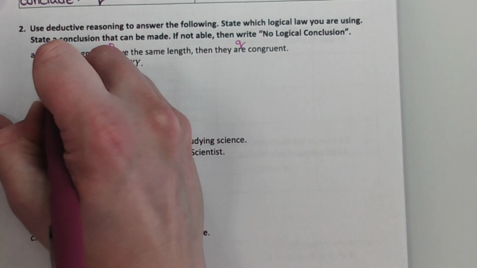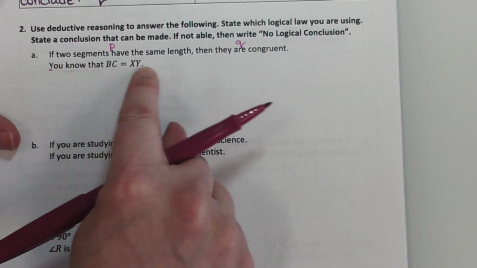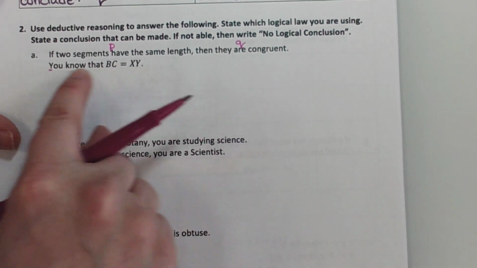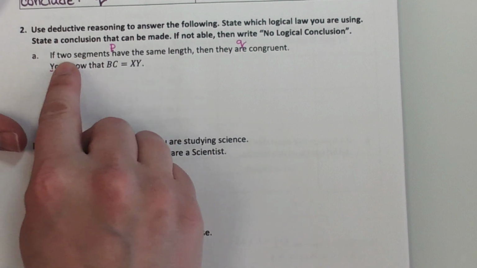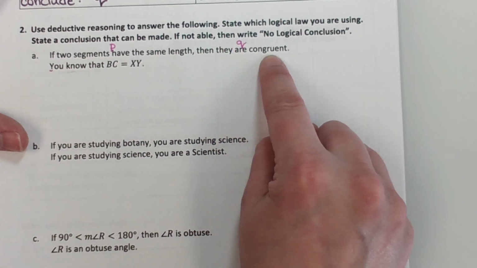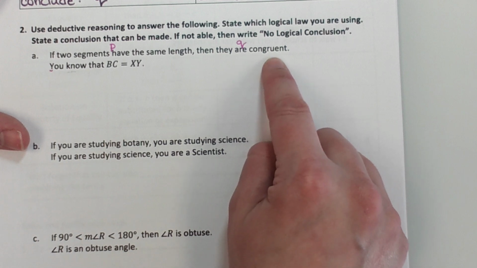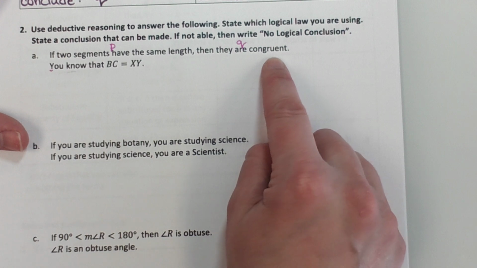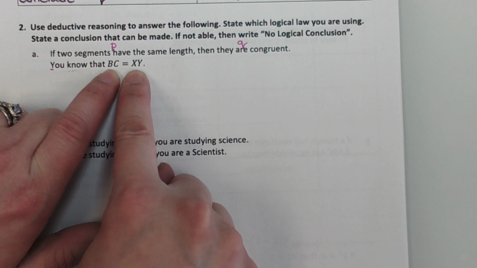The question is this. You know BC equals XY. Is that saying two segments have the same length? Is that saying two segments are congruent? Or is this saying something different completely? I know it's been a little bit. Are those segments if it's just the two letters without the bar above?